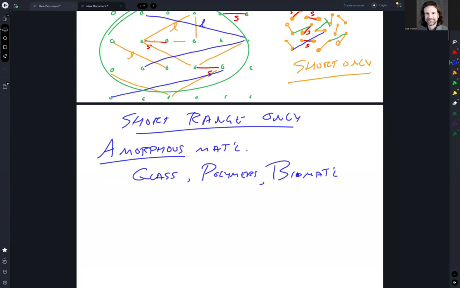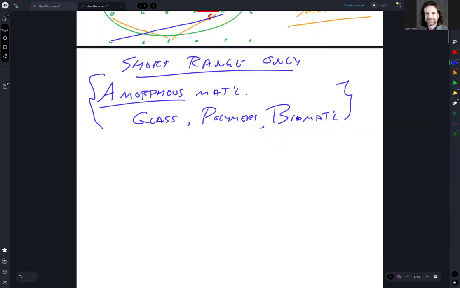And there are a lot of really unique properties about amorphous materials that make them great for engineering, because you can control the chemistry. You don't have to worry about long range ordering. The processing allows you to control the densities and the local structures. So amorphous materials are really a significant part of materials engineering.